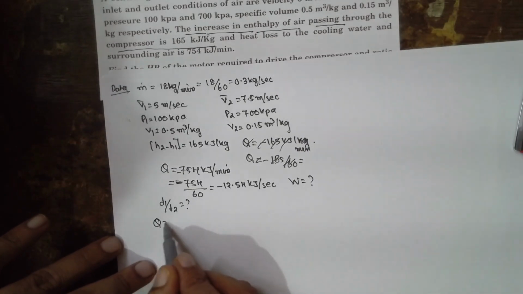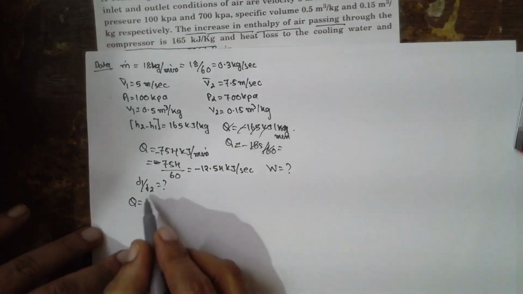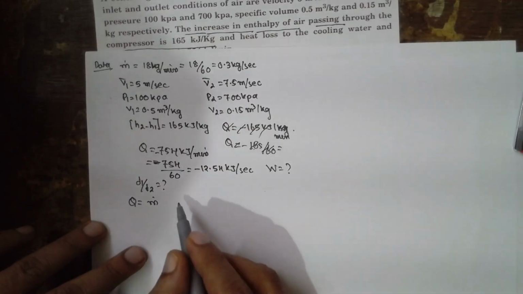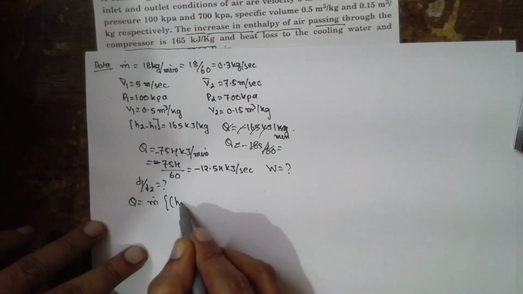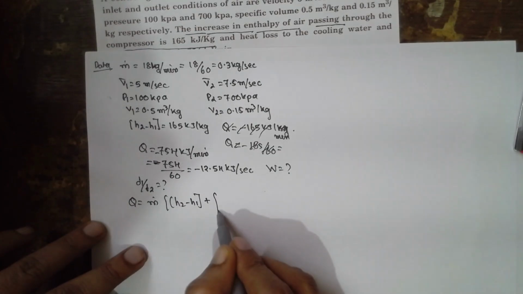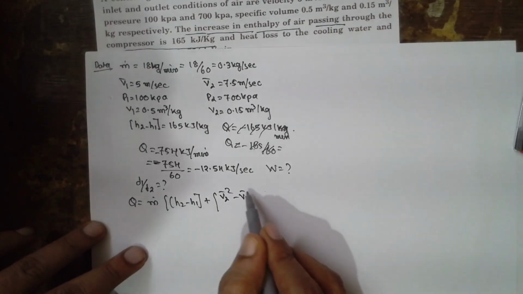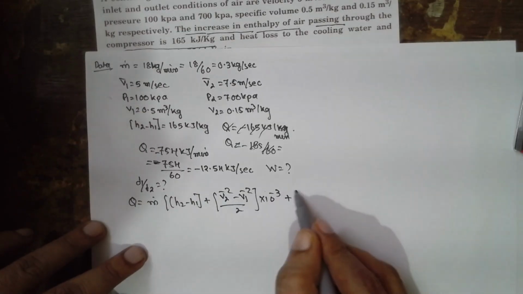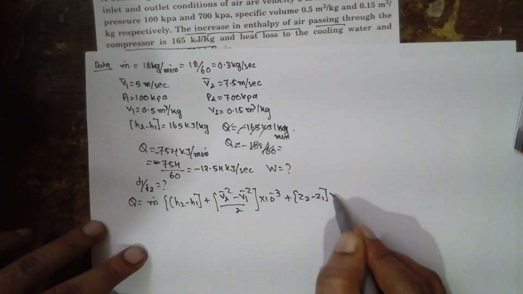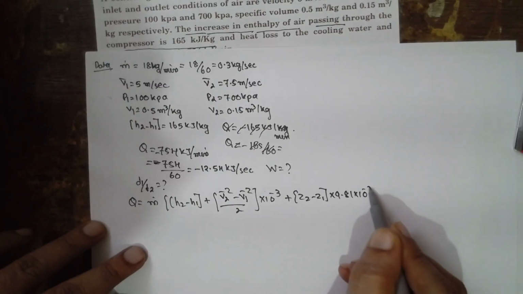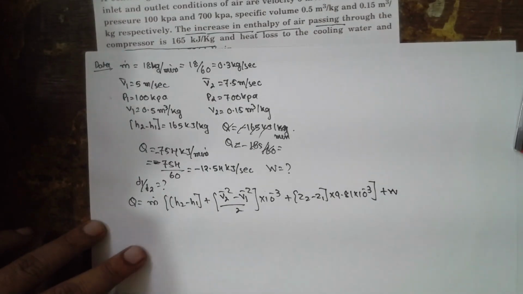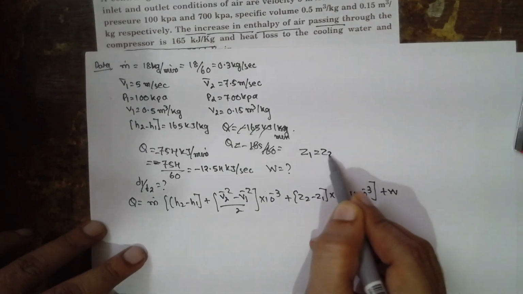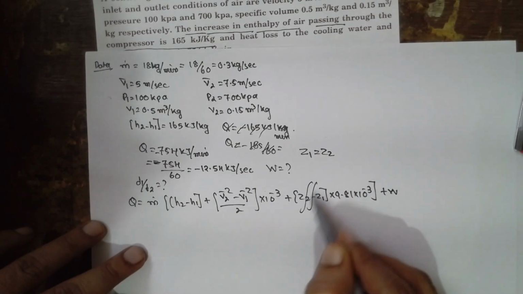The formula is Q is equal to M dot into H2 minus H1 plus velocity V2 bar square minus V1 bar square divided by 2 into 10 raised to minus 3, plus Z2 minus Z1 into 9.81 into 10 raised to minus 3, close the bracket, plus W. Now here it is a compressor, Z1 is equal to Z2, therefore it will be 0.